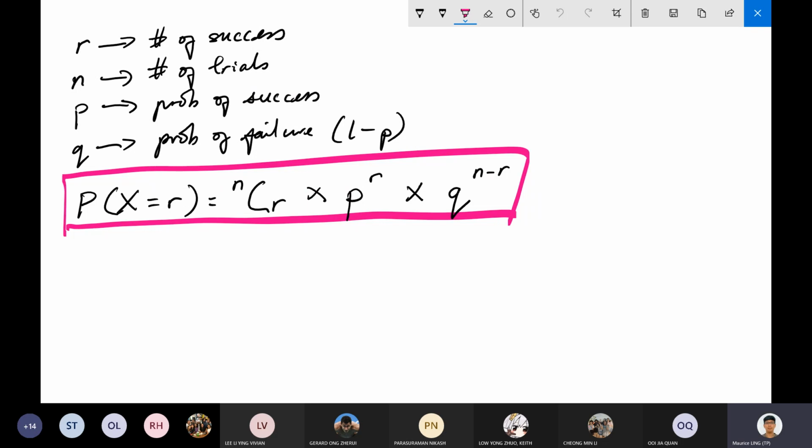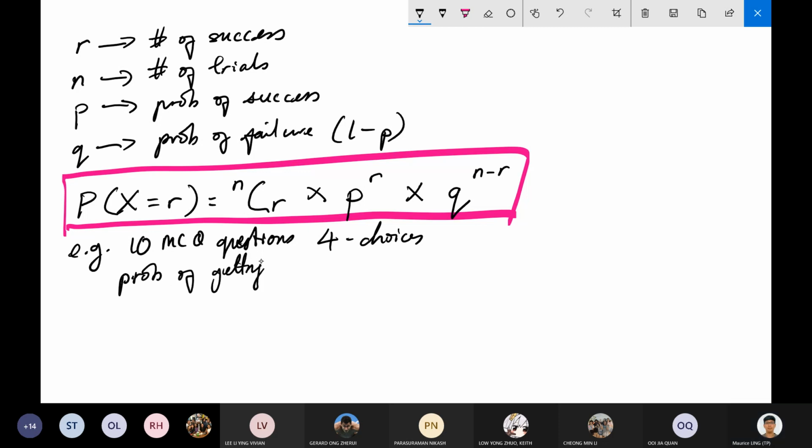All right. So for example, let's say you have 10 MCQ questions, and each one will have 4 choices, and you want to see what is the probability of getting 5 marks.